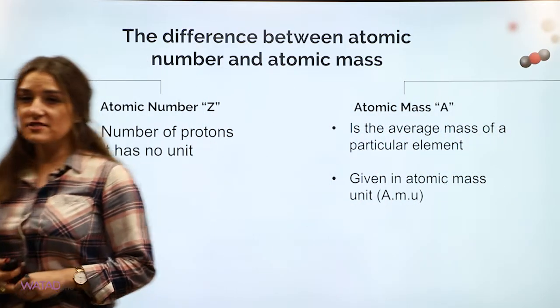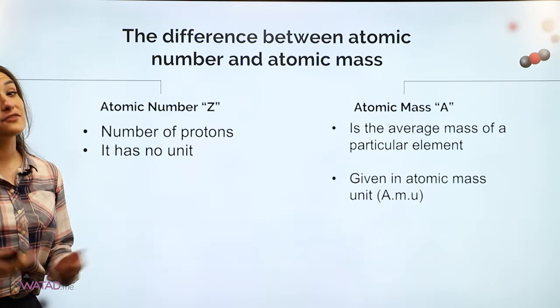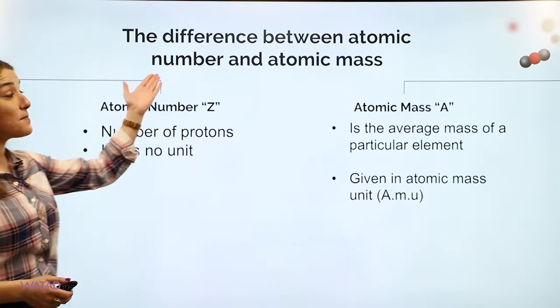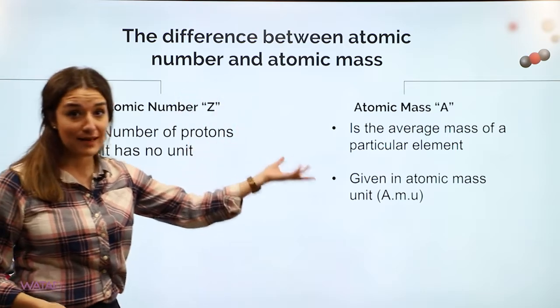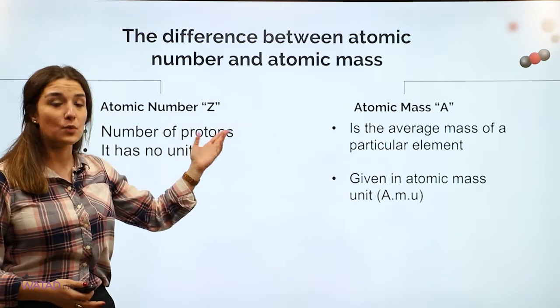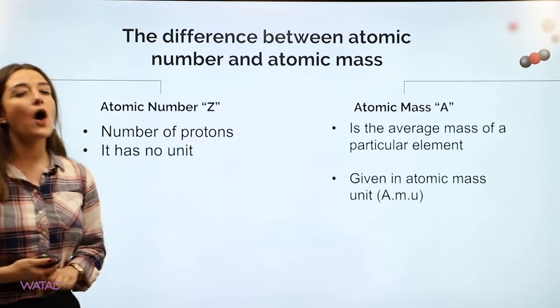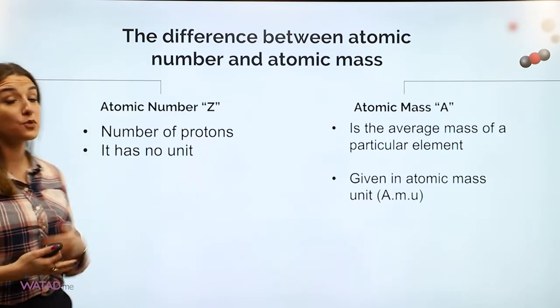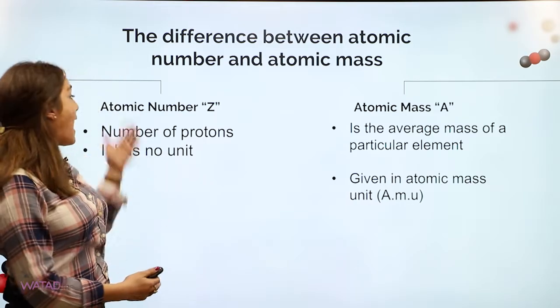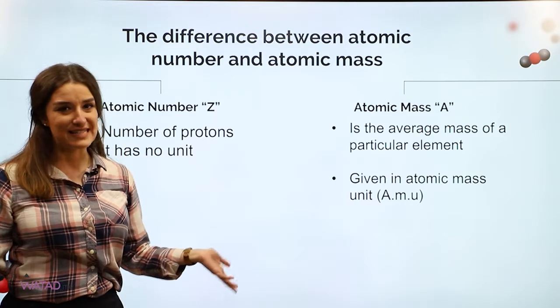It is very important, and confusing from elementary school also, to know the difference between atomic number and atomic mass. Basically, whenever we talk about atomic number with the symbol Z, we are telling the number of the protons. So if we say number of protons, Z, or atomic number, we mean all the same thing.